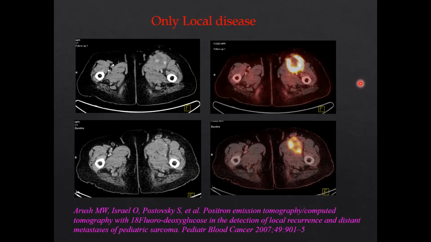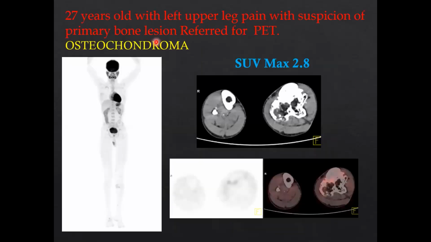27 years old with left upper leg pain with suspicion of primary bone lesion, referred for PET. It was osteochondroma, which shows SUV max of 2.8. If you see this, this is a lobulated osseous lesion here, which is like some sort of bulging here.